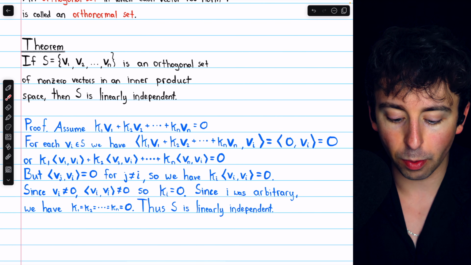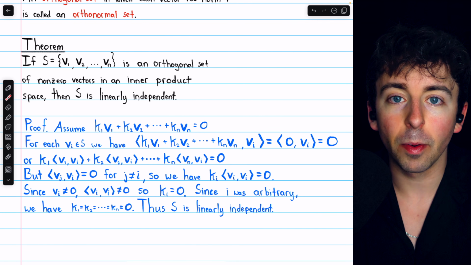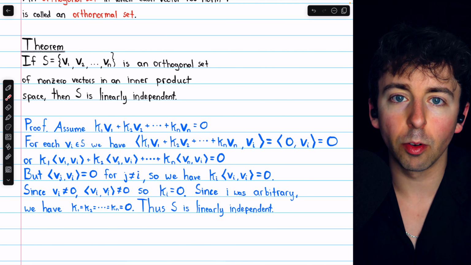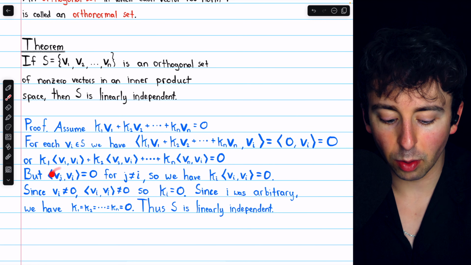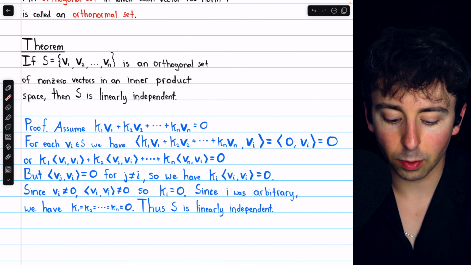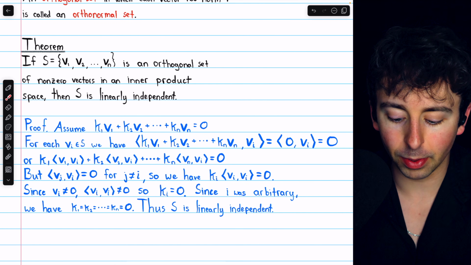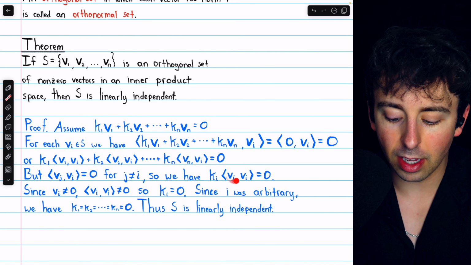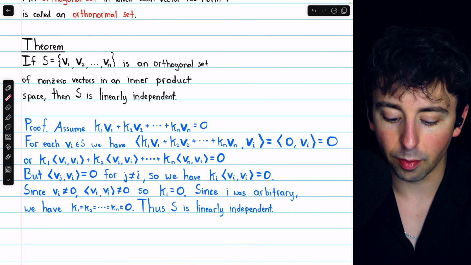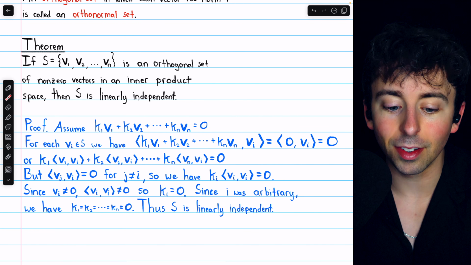So each of these inner products, again, has to be 0, except the one where Vi is having an inner product with itself. So since all of those other inner products of distinct vectors are 0, we could rewrite this expression on the left simply as Ki times the inner product of Vi with Vi. This is the only inner product which is not equal to 0.